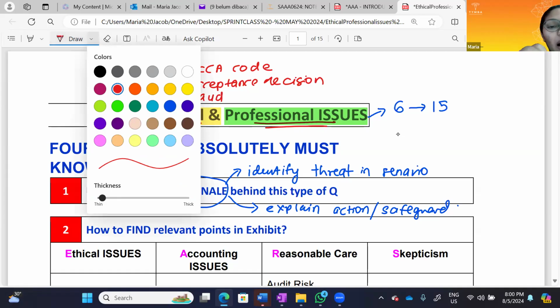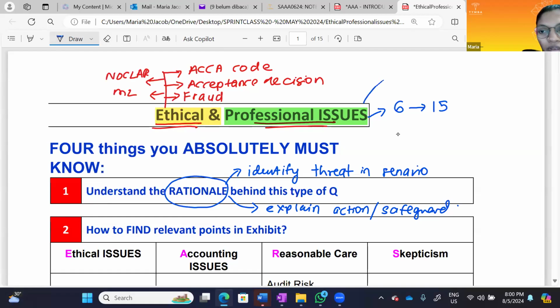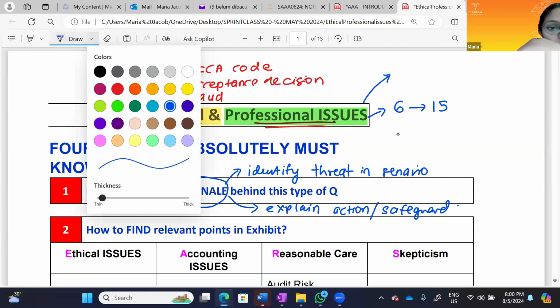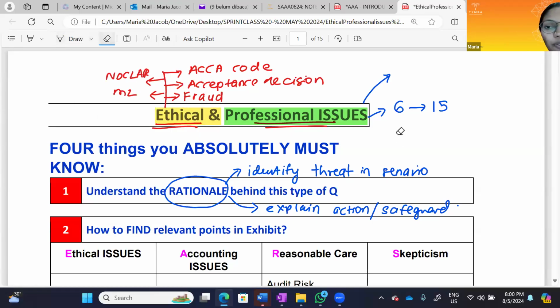Now, if they are asking you on a professional issue, okay, let's use a different color. Now, if it is on professional, those that I have pointed out just now, it will be more to do with an accounting issue.